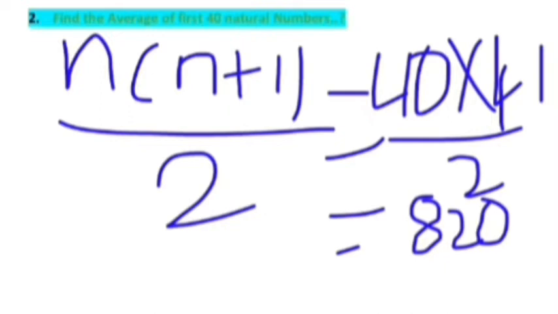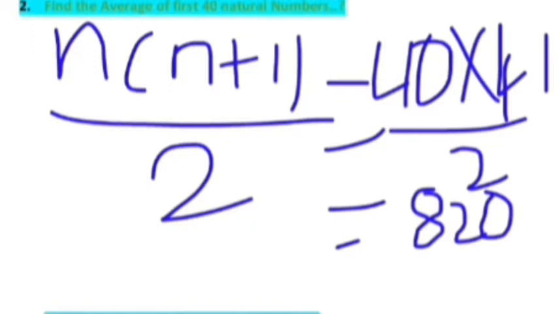The main question is what is the average of 40 natural numbers. So 820 by 40, 82 by 4, 820 by 4 is going to be 20.5. So the answer is 20.5.